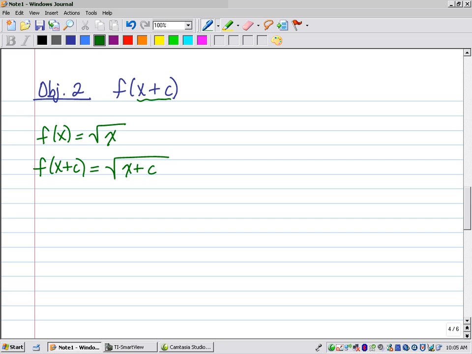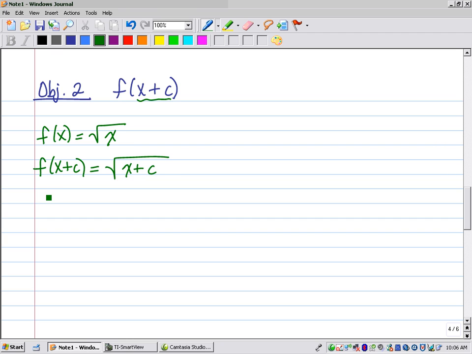Whenever we added a number to a function, we really weren't changing the value of x, right? We were changing the y value. So it was like you calculate the x and then you have to move it up or down. Well, here you have to do something to the inside piece before you actually apply the function to it. So this one will affect the x values, either left or right.